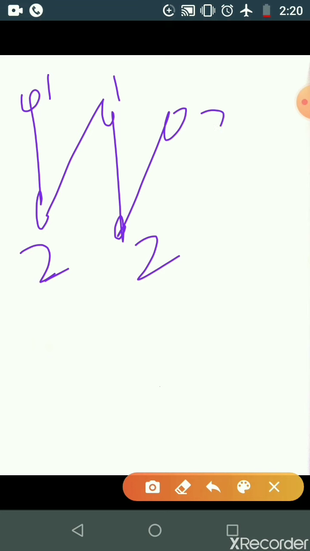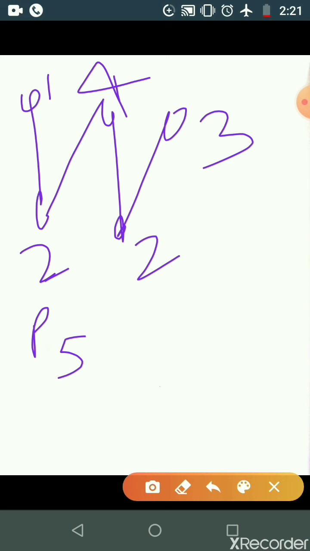If you are using 3 colors, then it will be a 3 colorable graph, proper 3 coloring exists, correct? And if you are using 4 colors, then you can say there exists a 4 coloring, such that every 2 adjacent vertices get different colors. That's why proper 4 coloring exists, and P5 is 4 colorable, correct?